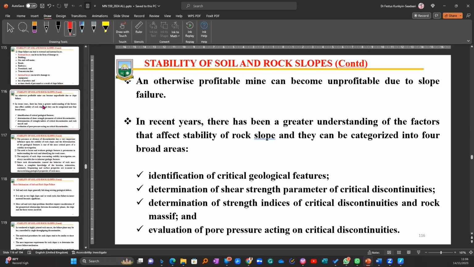So where you have discontinuities, you have to ensure that you've conducted some tests there to determine the shear strength properties of that particular critical discontinuity area. Then the strength indices of critical discontinuity.